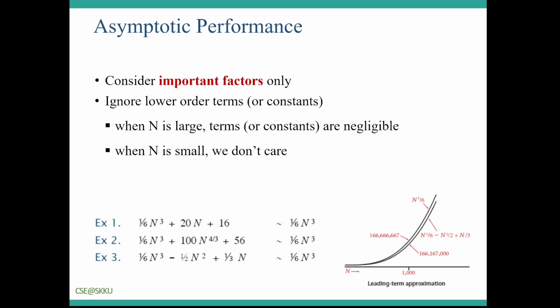Here we can find two constants c2 and n0 satisfying this equation. And also, similarly, we can find the constant c1 and n0 double prime satisfying this equation.